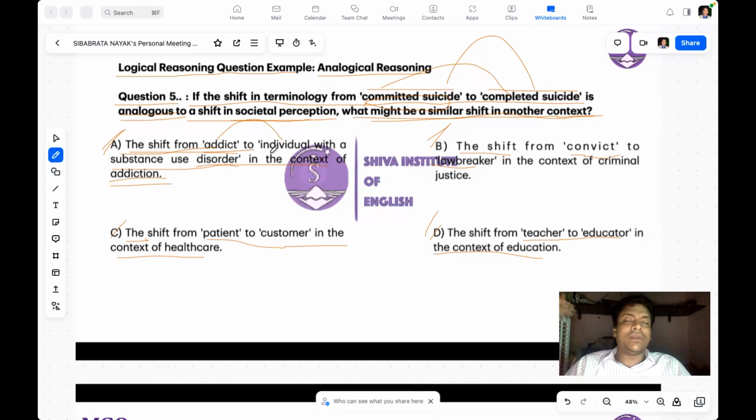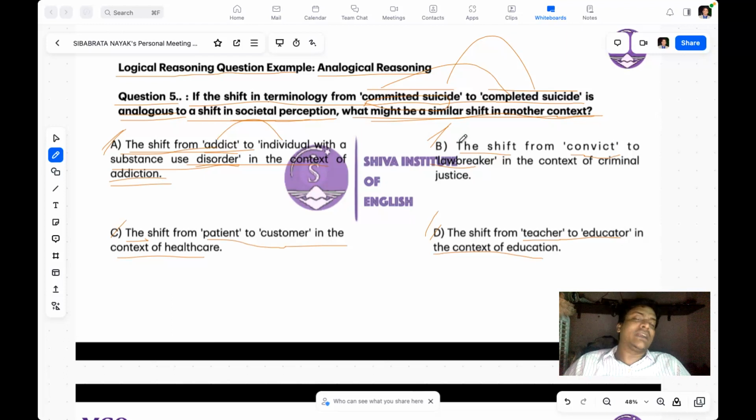So now it becomes a kind of habit to an individual, which will do nothing but disorder the condition of the person, and finally he became addicted, right? So it goes from the initial stage to master stage, isn't it?